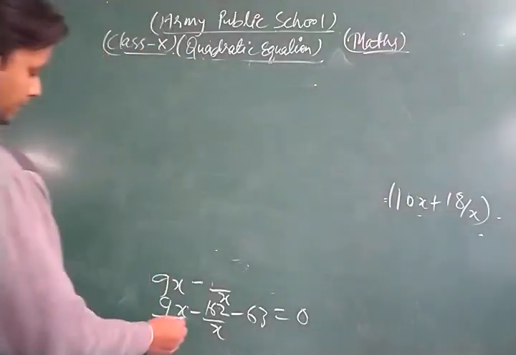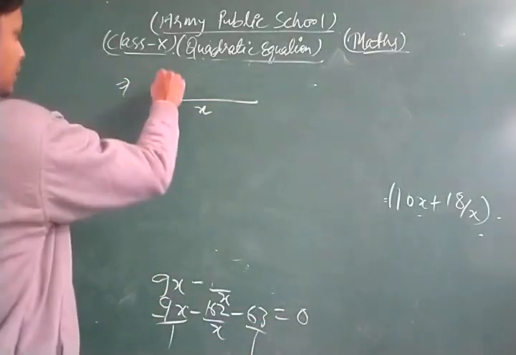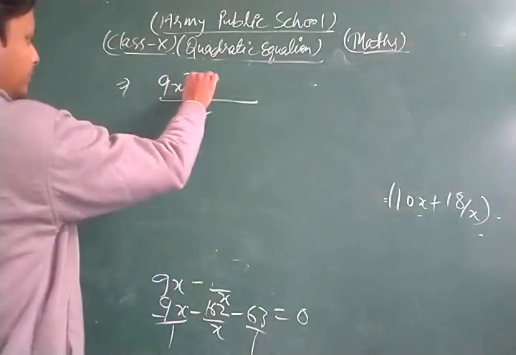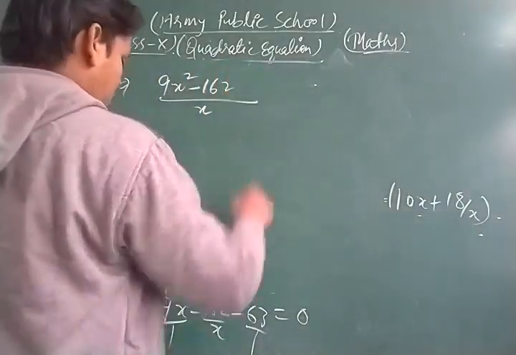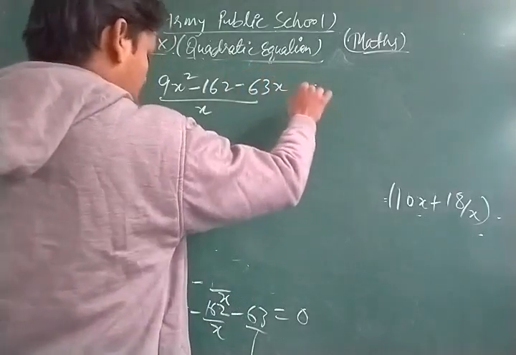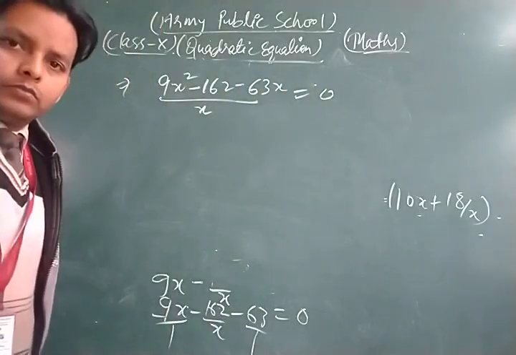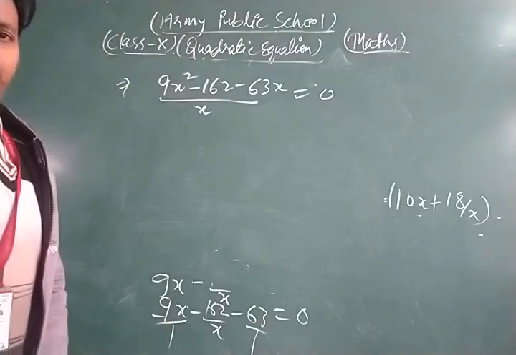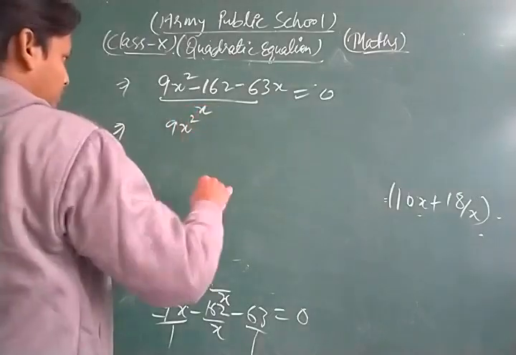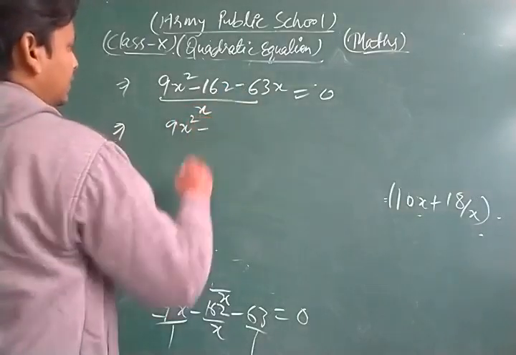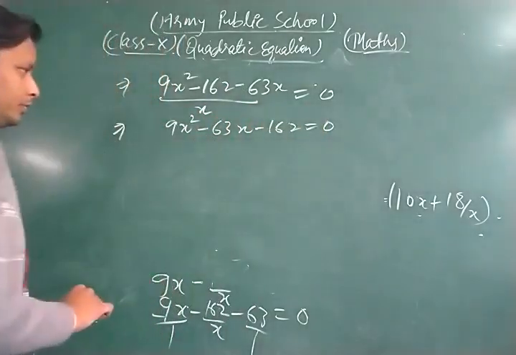Now look, we take x as the LCM, so this is 9x square minus 63x minus 162, is equal to 0.